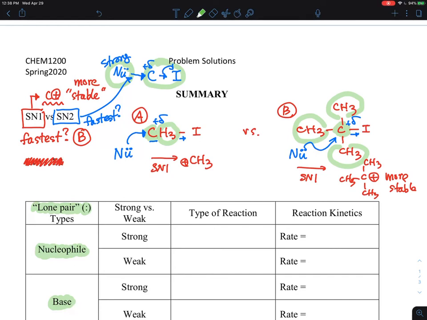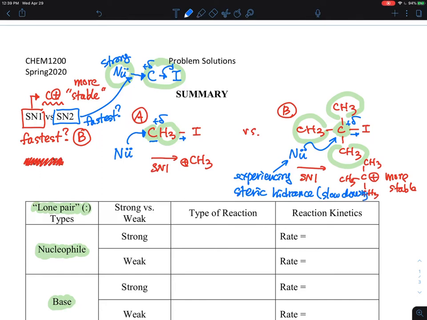So it's like shooting a bird surrounded by a lot of big thick bushes. So that's case B, and we are saying that this one is experiencing steric hindrance. Hindrance means you're slowing down, so it slows down the reaction.